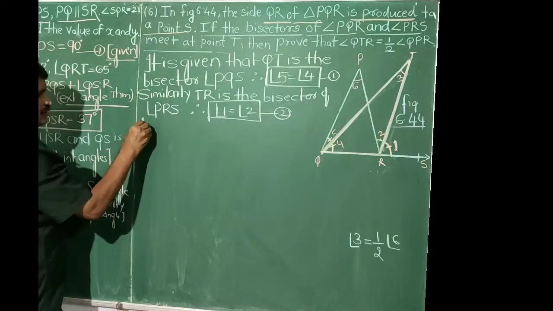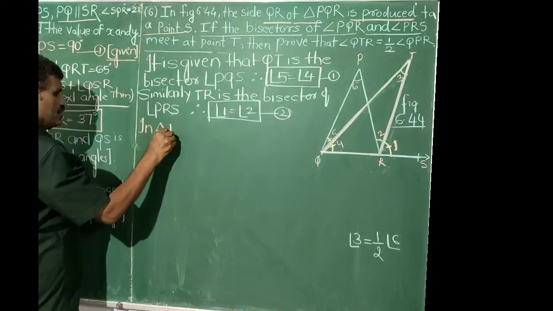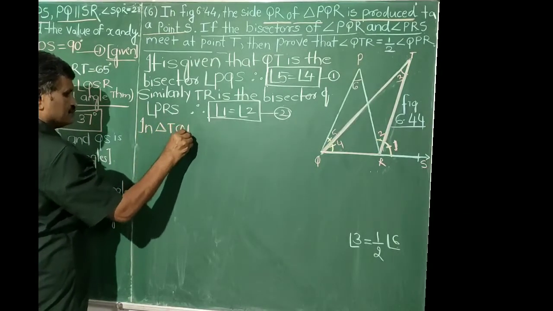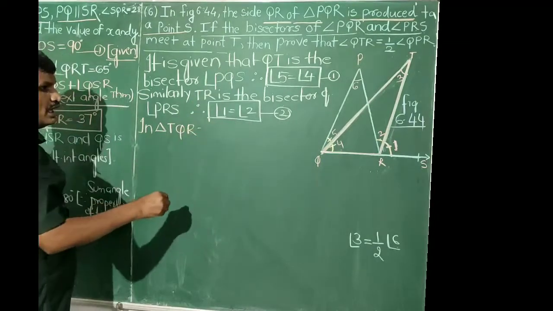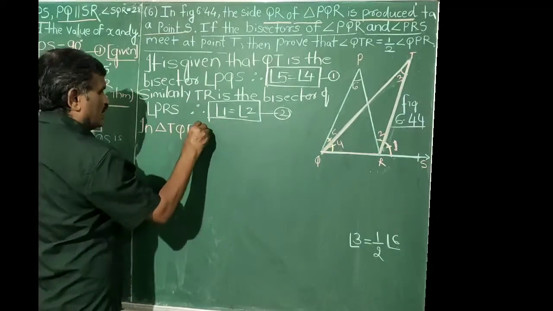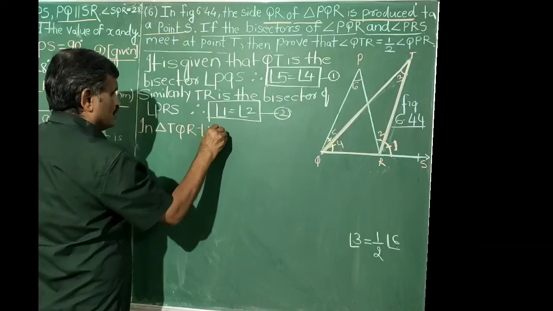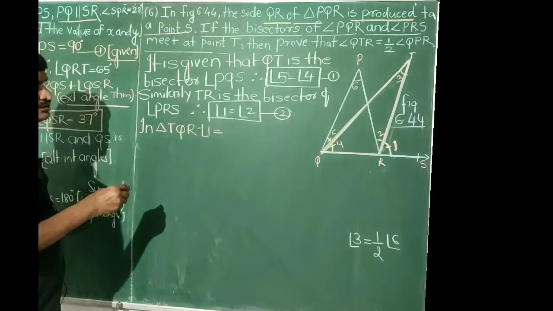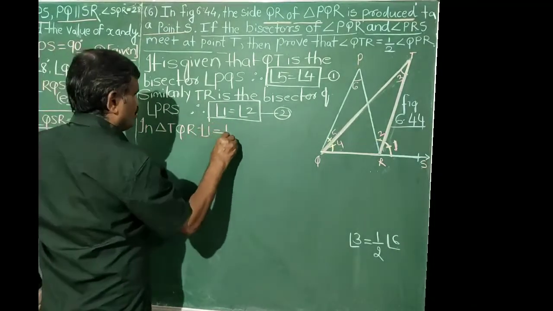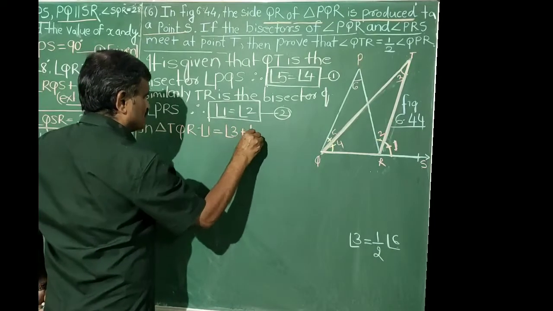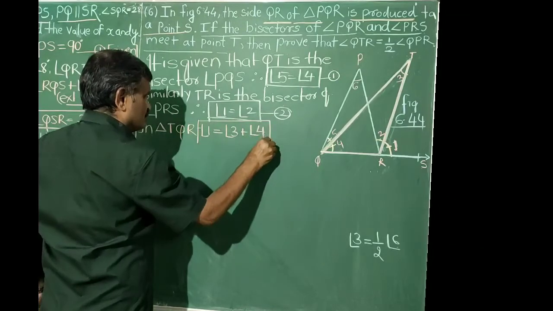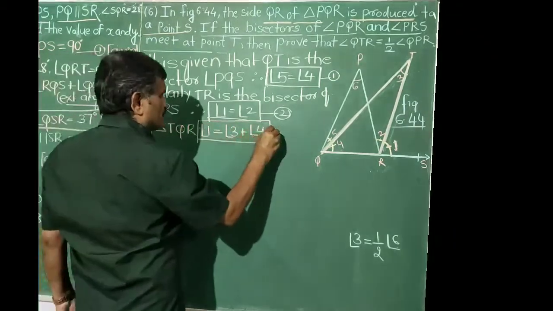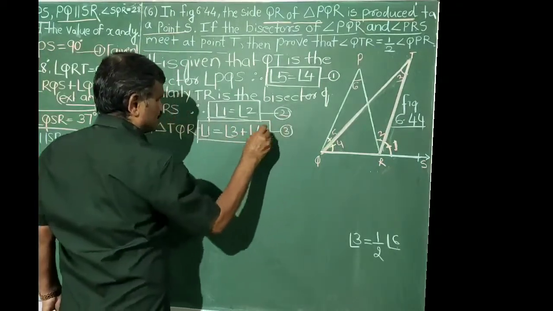In triangle TQR, I can write angle 1 equal to angle 3 plus angle 4. This is my third equation.